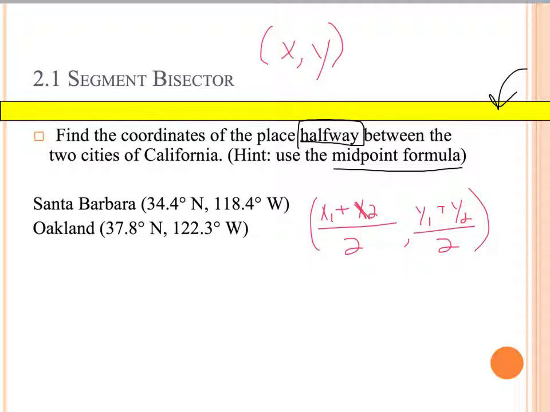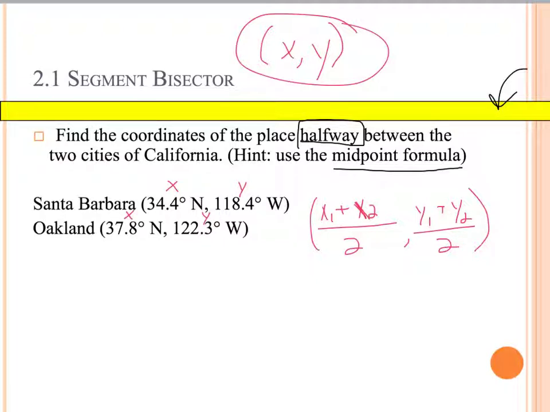So adding our X values together, divide by 2, adding our Y values together, also dividing by 2. So what are our X values? Looking at Santa Barbara, what's our X, what's our Y? Well, it looks similar to our coordinate pair. That's our X, that's our Y. Same thing with Oakland, X, Y.